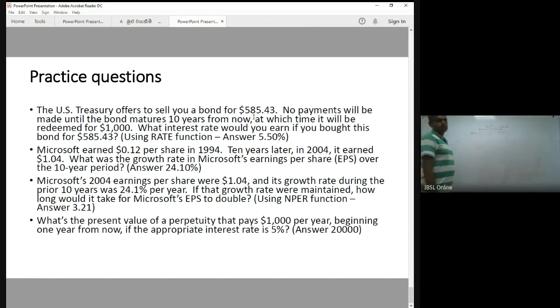Microsoft earned 12 cents per share in 1994. 10 years later, so N is 10. It earned 1.04, future value 1.04. What was the growth rate? Present value times 1 plus R to the power N equals future value.